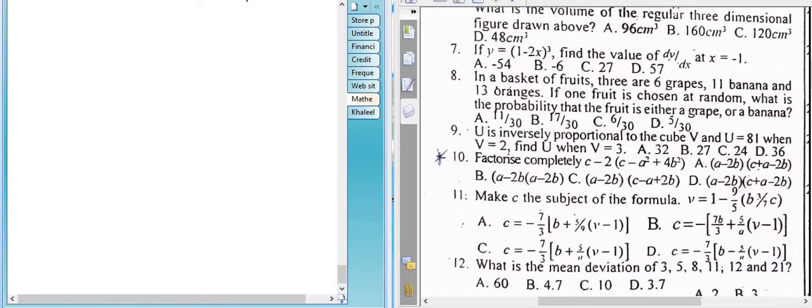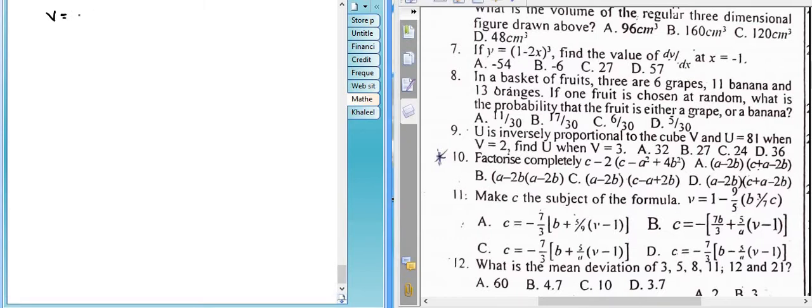So we can write the equation here. b is equal to 1 minus 9 over 5 into b plus 3 over 7 c. So this is the correct question. We are going to make c the subject of the formula.